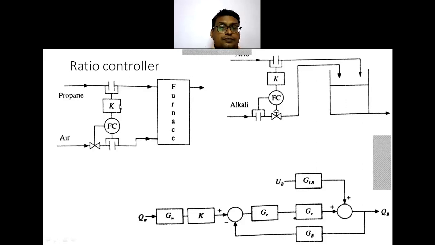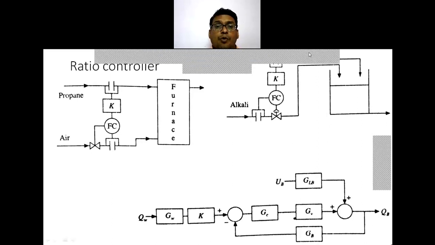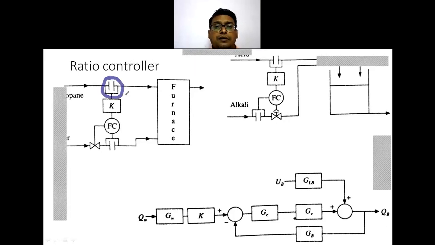So K is a multiplication factor. As I am measuring the propane flow rate, I am going to provide a K factor, which is a ratio factor: to burn this much propane, I require this much air. So that is the ratio being provided, and for that I am measuring the flow rate of the propane, and with this ratio controller, how much is needed?